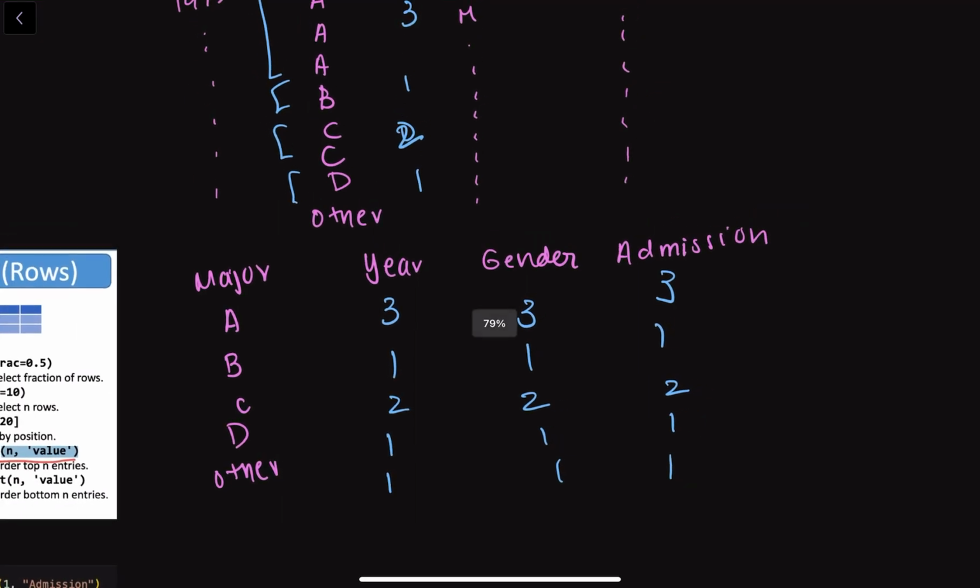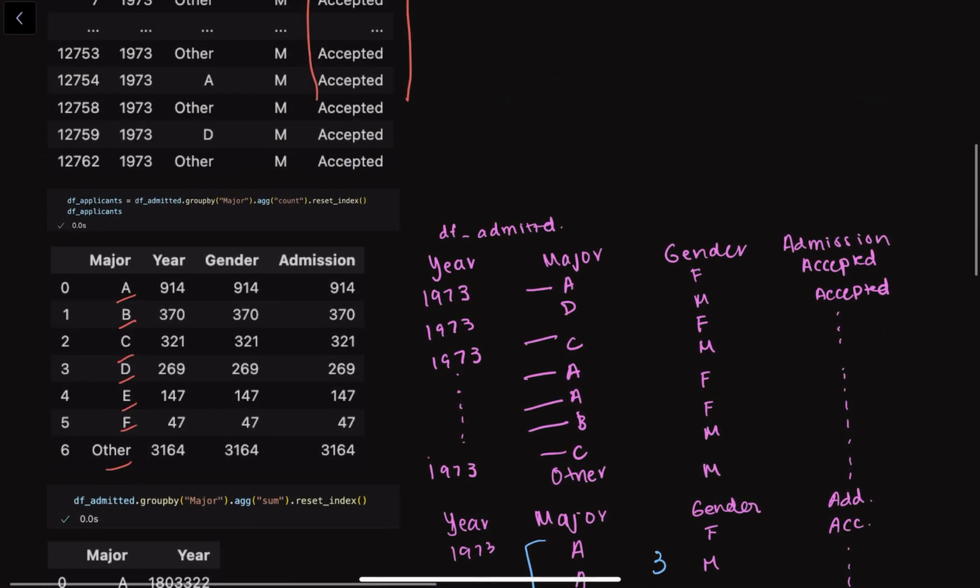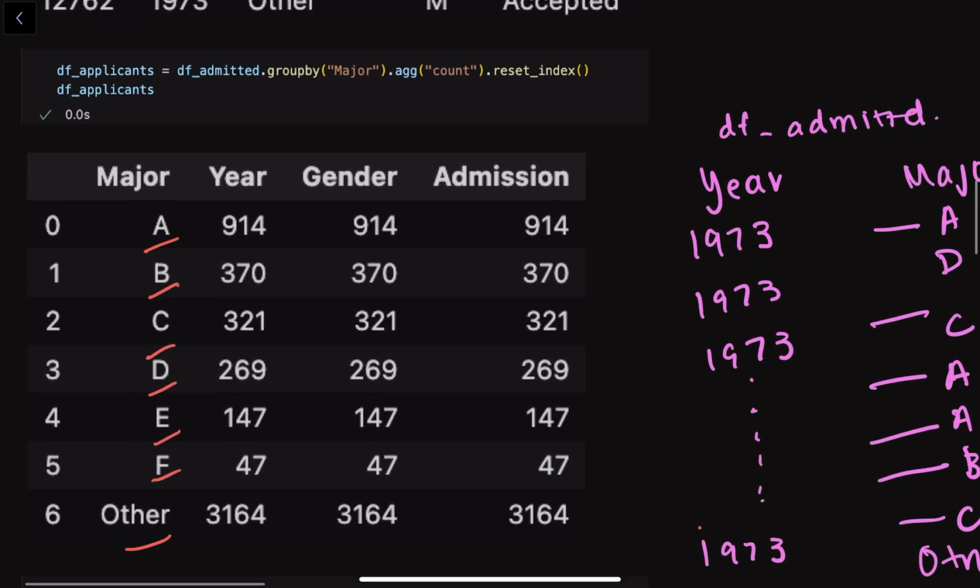So this is how this example looked like. So that's exactly what is happening here. It's grouping by all the majors, and then it's finding the number of rows that each major has, and then it's putting the total in each of these columns.